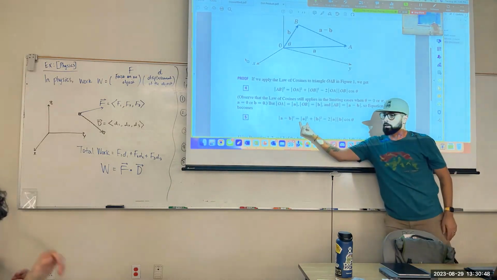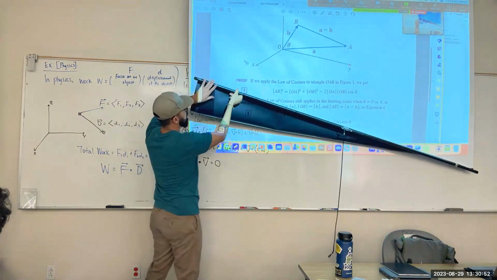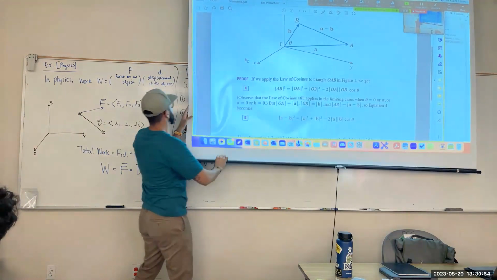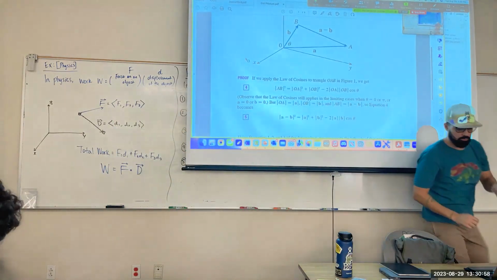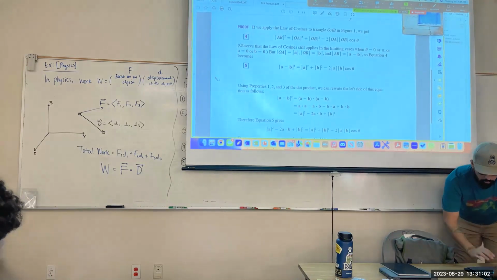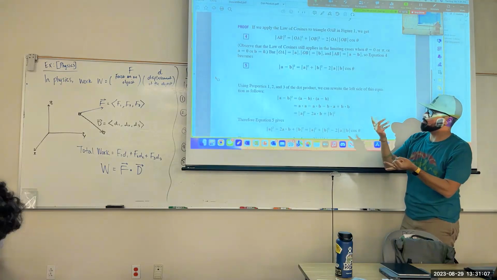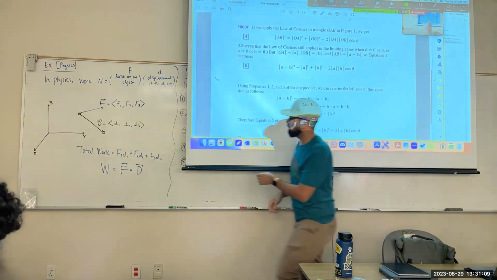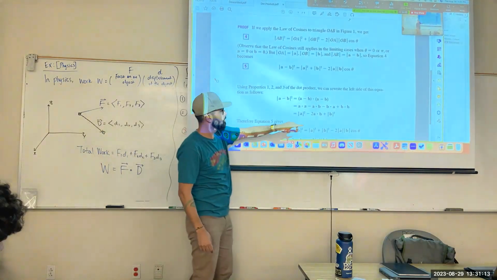Now this is where the dot product comes in. Property number 1: a vector dotted with itself is its magnitude squared. Okay, so it says using properties 1 that we just wrote, properties 2, where it's commutative, and properties 3, which was the distribution, yeah, the distribution.